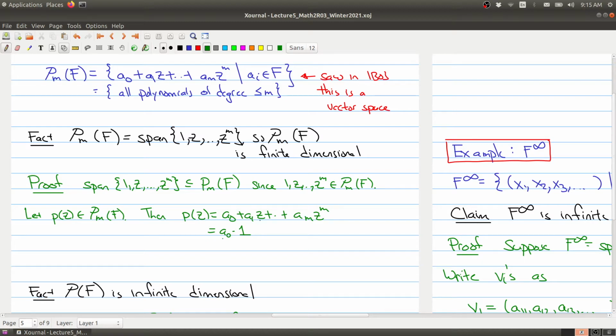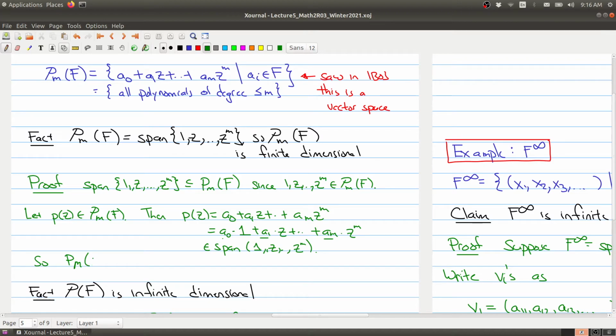So we have a0 times 1 plus a1 times z up to am times z^m. So we have a coefficient times a polynomial, right? And this is inside of the span of 1, z, up to z^m.